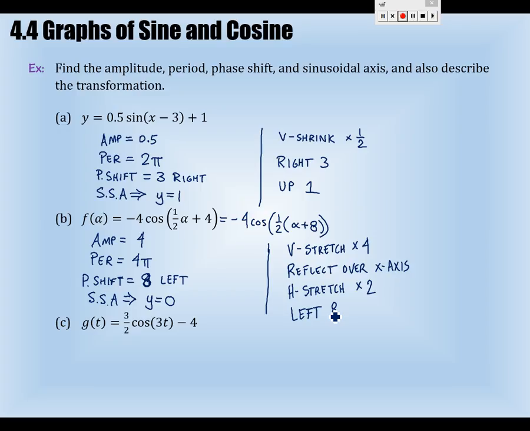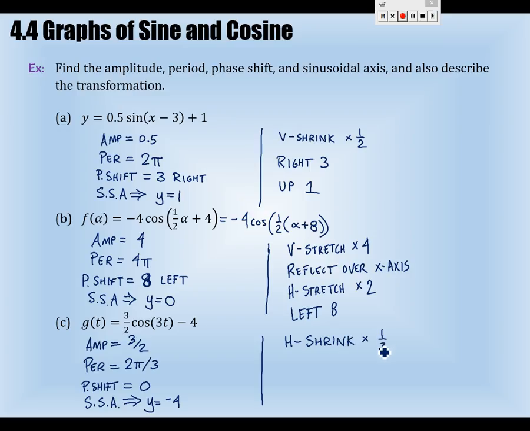And the last one, let's get that one, Deeksha. Amplitude is 3/2. The period is 2π/3. The phase shift is 0. And the sinusoidal axis is y equals -4. And for the transformation, the horizontal shrink by a factor of 3.